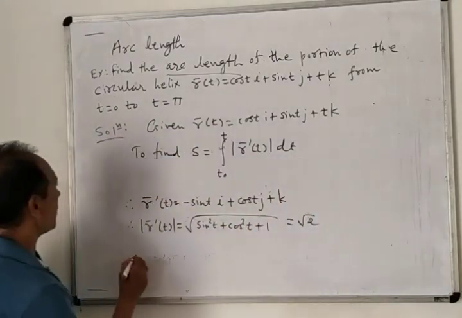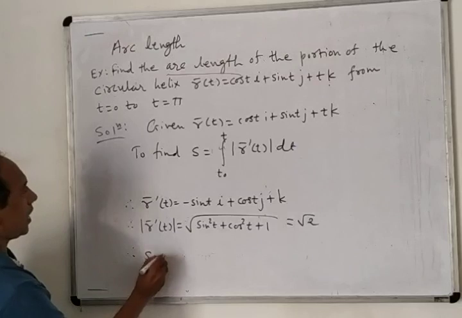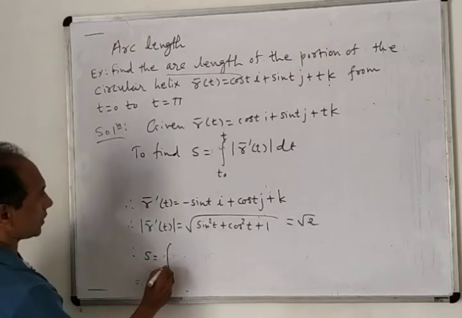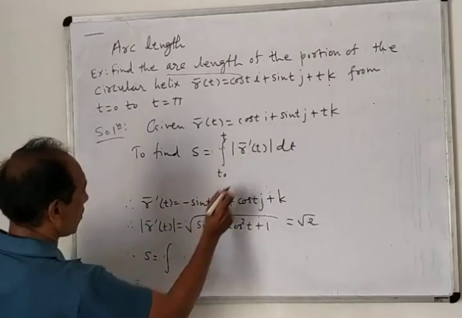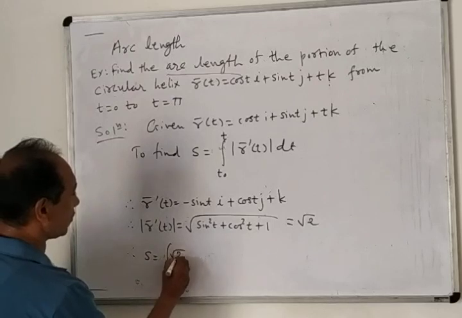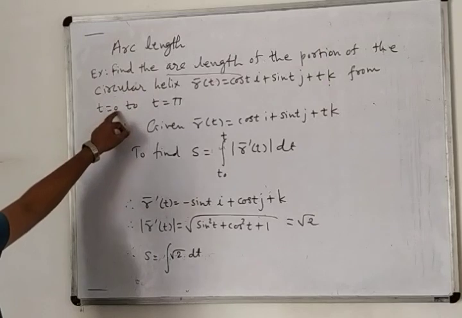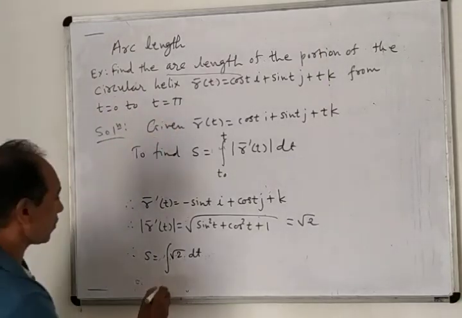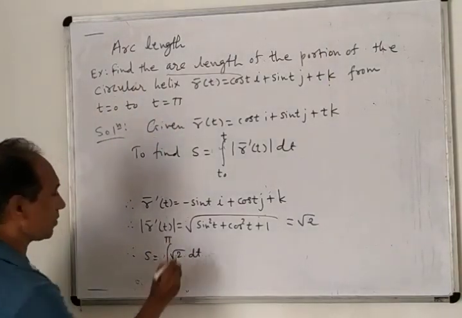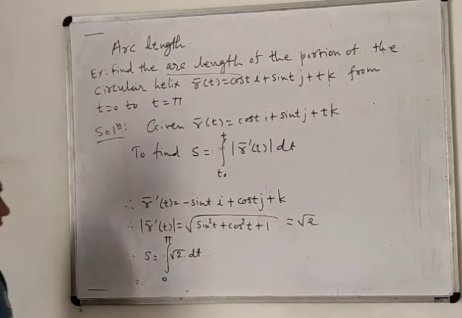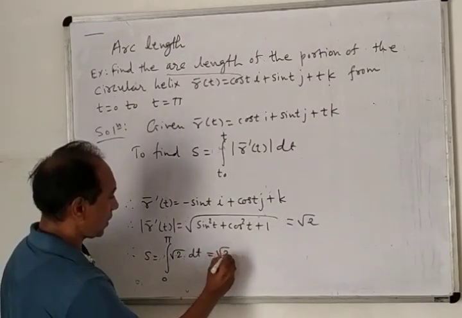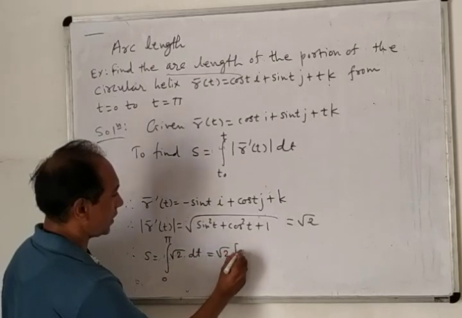Therefore our arc length s equals the integral, where we put the value of modulus r bar dash t, which is root 2 dt. And what are the limits now? Here it is given that we have to find the arc length from t equal to 0 to pi, so we put the limits 0 to pi. Root 2 is constant and the integration of dt is t only.